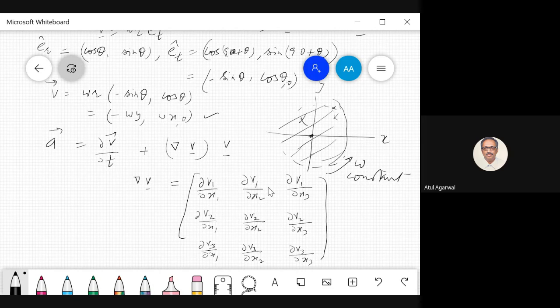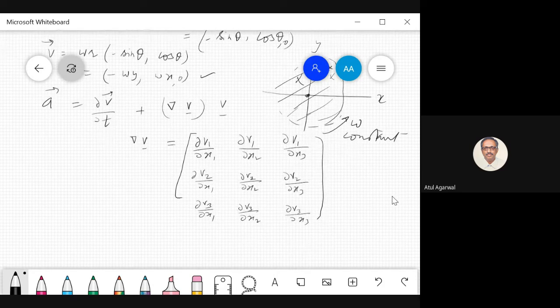This is known as gradient operator. If you take gradient of velocity, it will look like this. If you just expand it, you can write it as v i comma j. So comma means derivative. Einstein introduced this nomenclature. So i comma j.